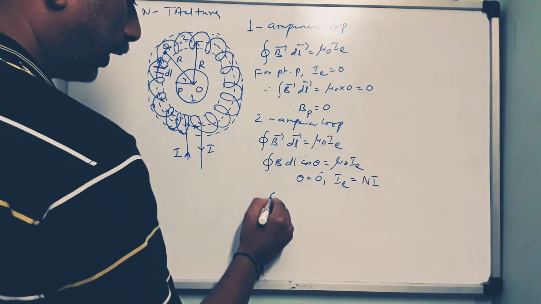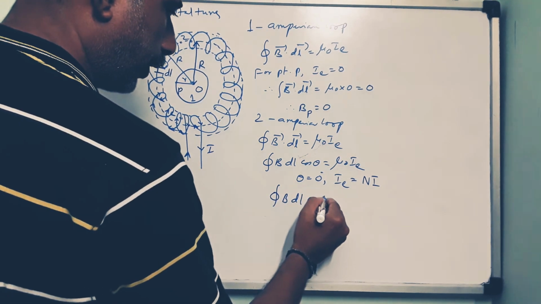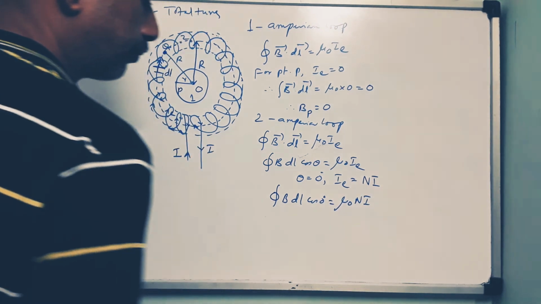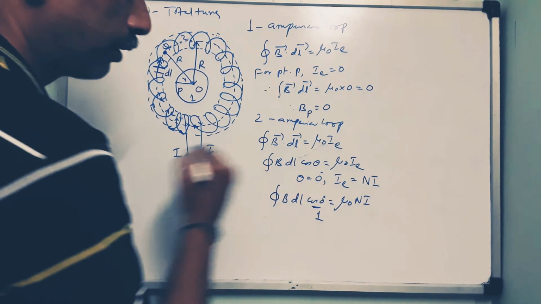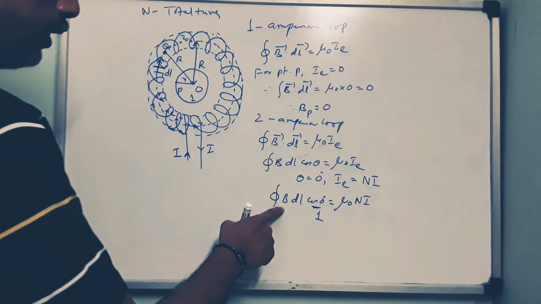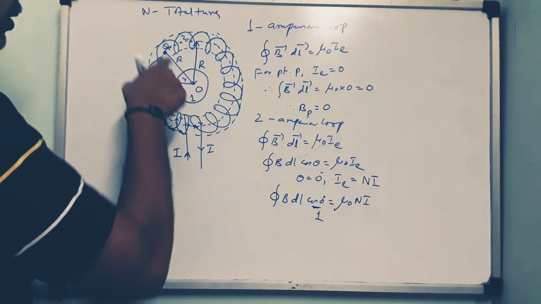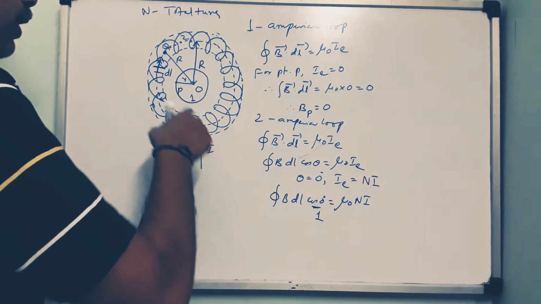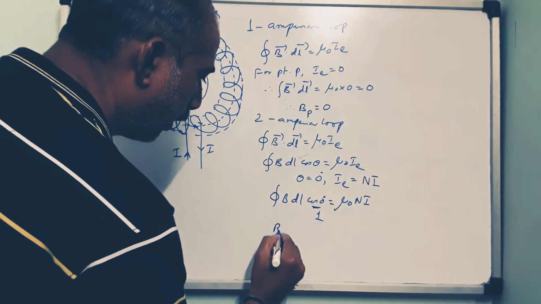Then this step will be written as line integral B dl cos 0 degrees equals mu naught into N into I. Now cos 0 will become 1. B is the magnetic field at every point on the Amperian loop. All these points have a circular symmetry. So by symmetry all these points will have the same magnetic field. So B is going to be a constant.